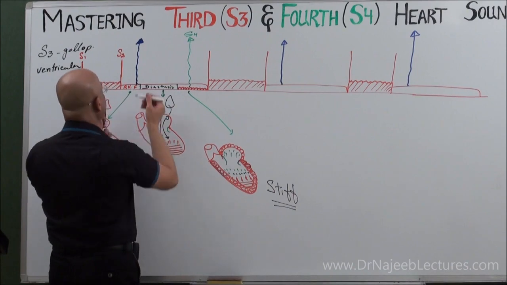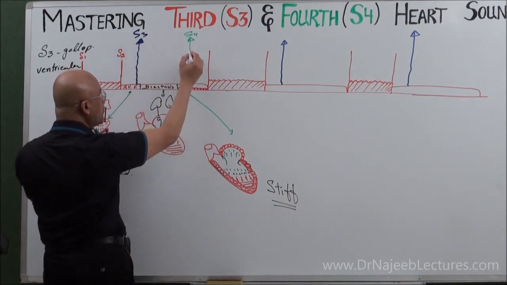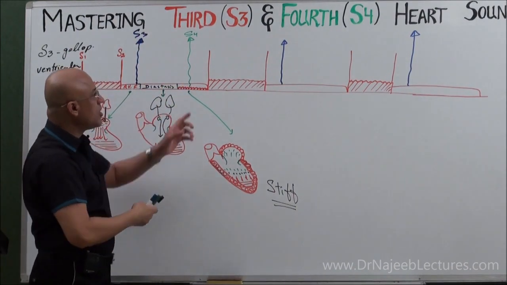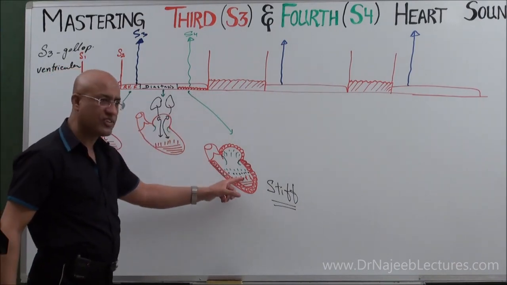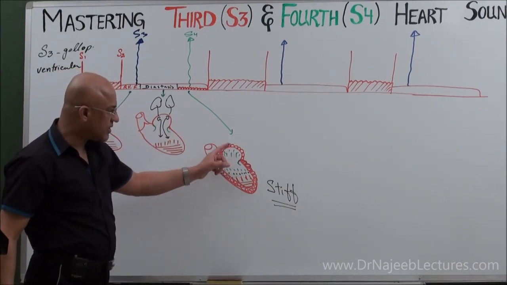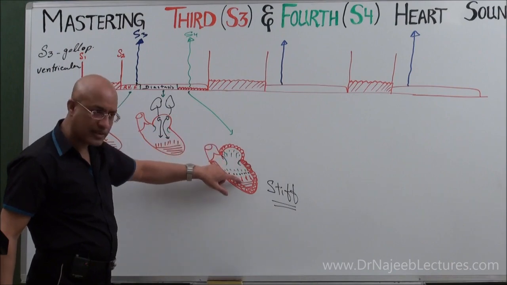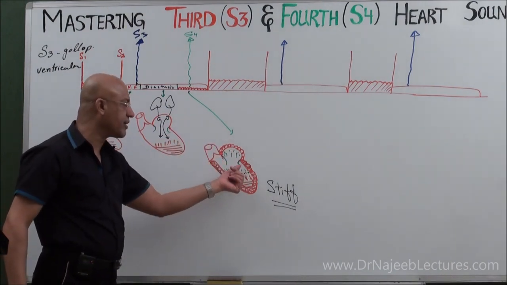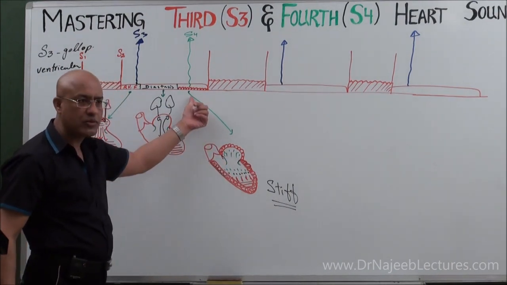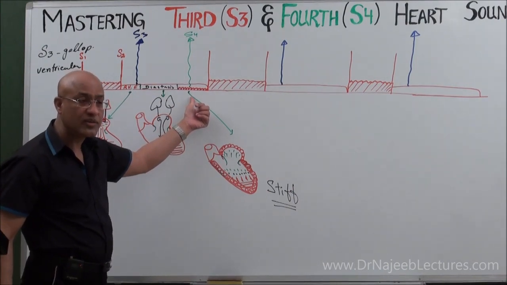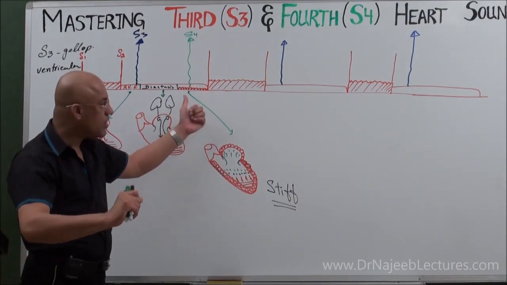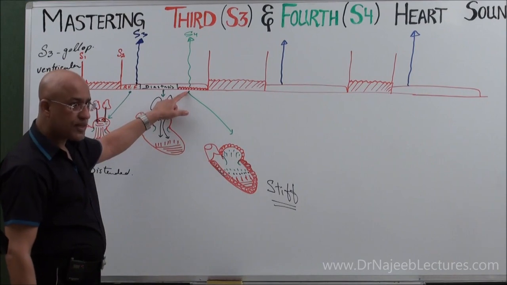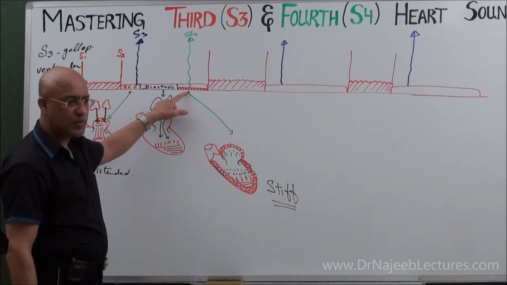Now you can look at it. S4 is produced just before the next ventricular systole, because once the atria contract and push the blood here, after that the ventricle contracts, closes the valve and pushes the blood into the aorta or major arteries. Is that clear? S4 is always abnormal.